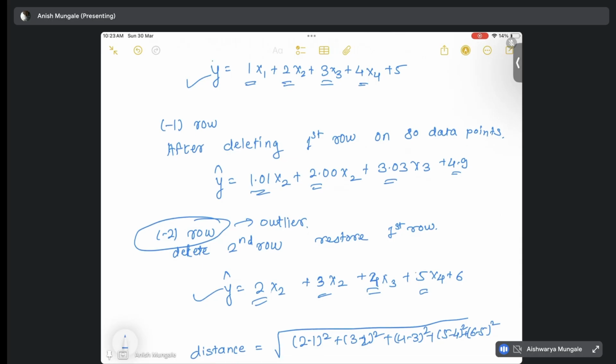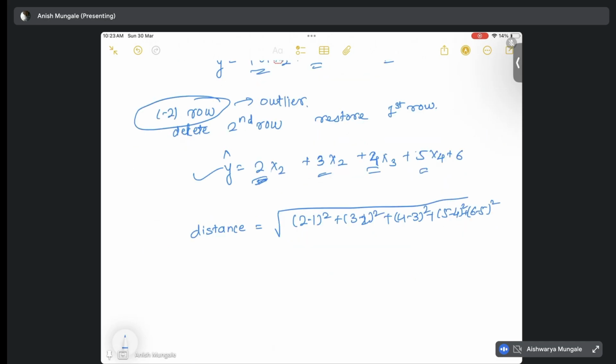The value of the parameter here minus the value of the parameter there, square that, and take the square root of the entire value.